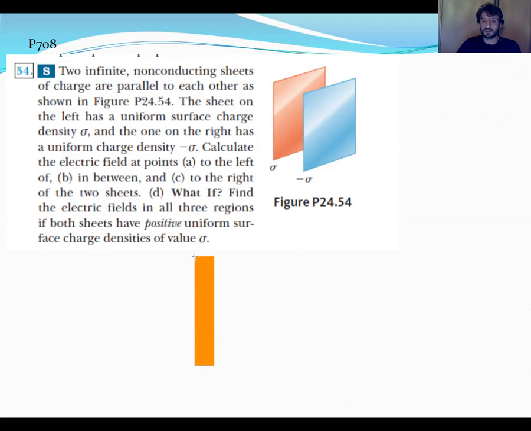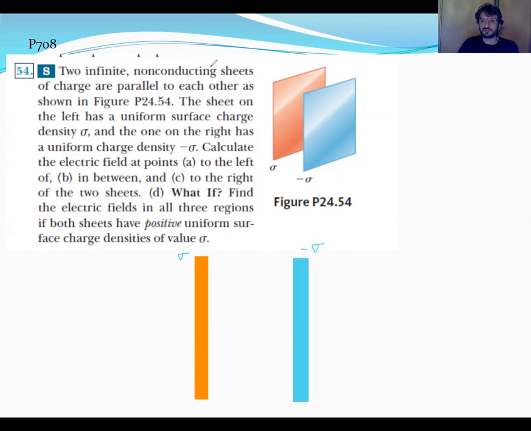Now let's calculate the field of our system. The orange sheet here is positively charged, and the blue one is negatively charged. They have the same shape. The left one has a positive charge, sigma. This one is minus sigma.